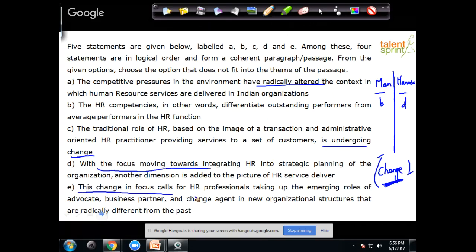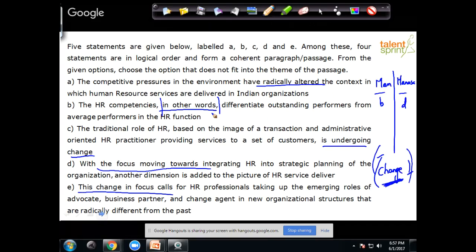This change in focus calls for HR professionals taking up new roles. So if you look at A, C, D, and E, you have this underlying keyword where some change is happening. Another thing for you to quickly identify is this hint word in B, that this is the odd one out. In other words, the HR competencies. Is there a sentence making reference to HR competencies at all?